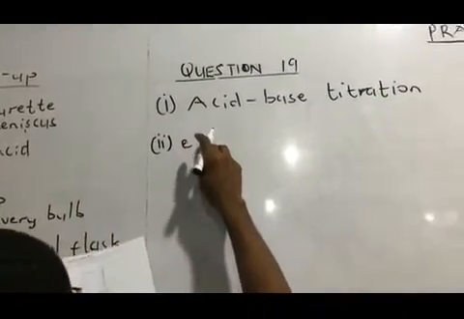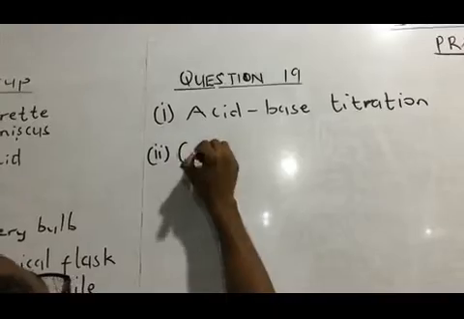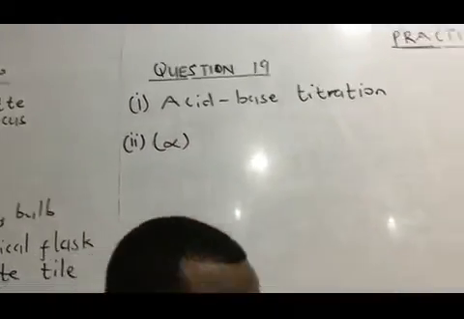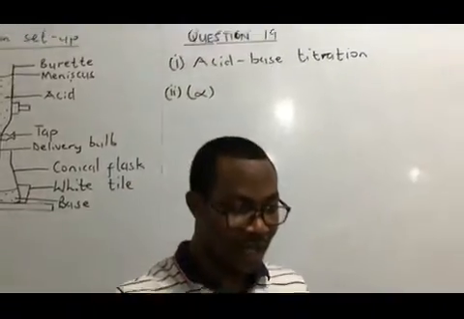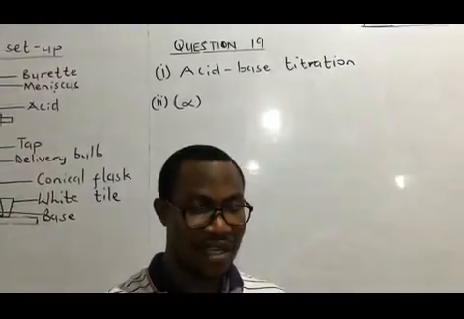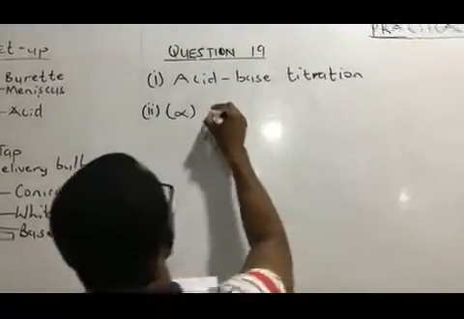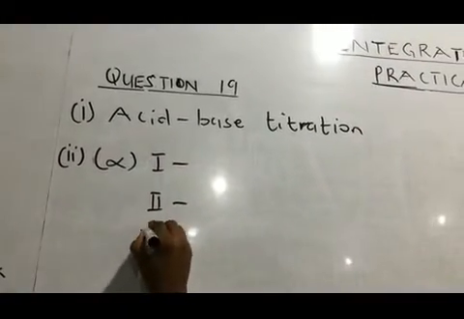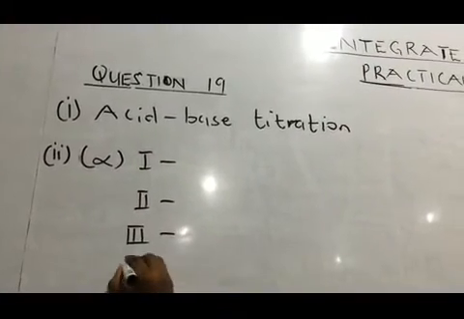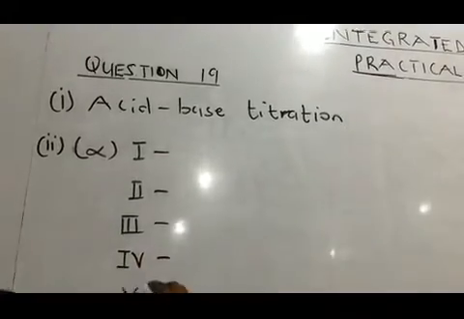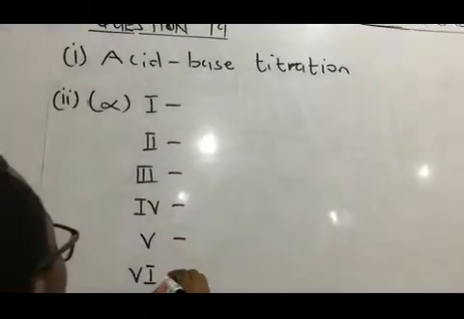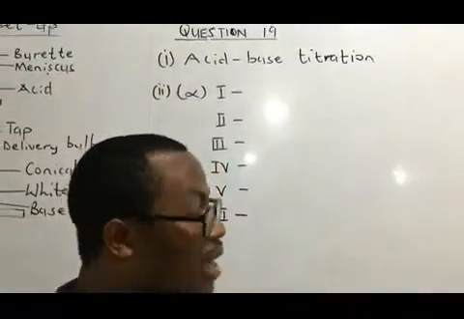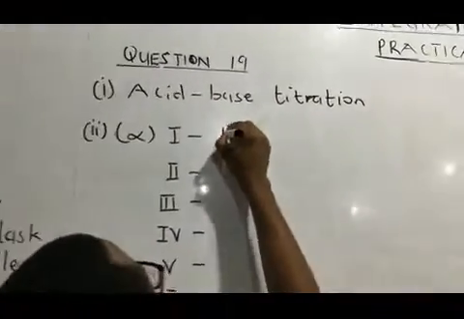Now, II alpha says, name the parts labeled I, II, III, IV, V, and VI. So you are supposed to name the parts labeled I up to VI. The part labeled I is the burette.